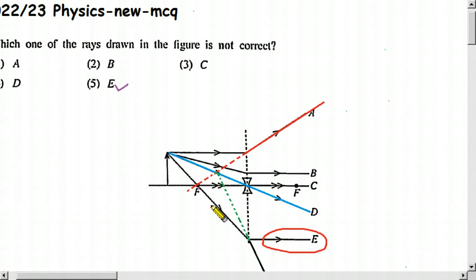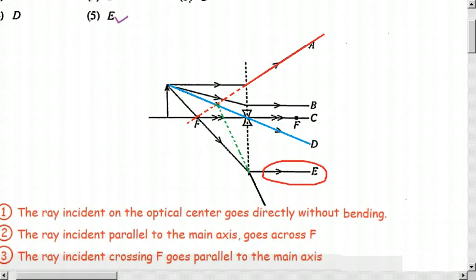And also there is another method. You can check whether the ray is diverging or converging. After a concave lens, all the rays should go like this, diverging, not converging like this.